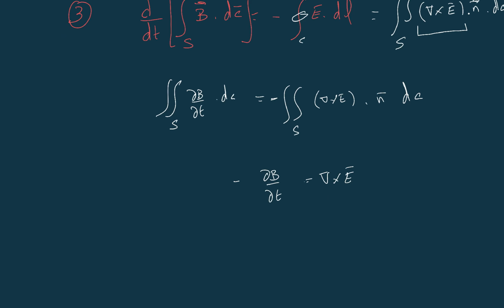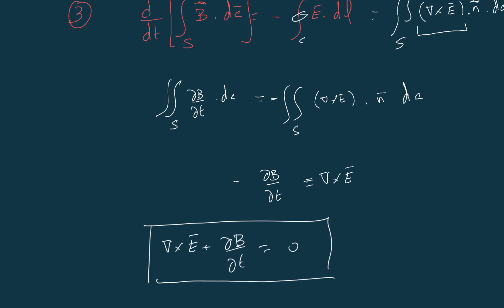So the third equation will say that curl of E plus the derivative of B with respect to t equals 0. And this is the third Maxwell equation written in differential form.